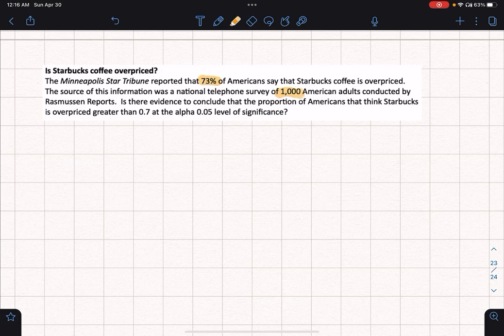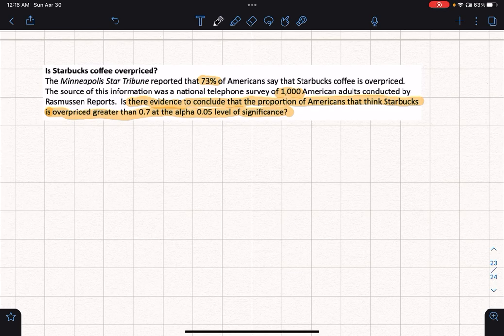It was a sample of 1,000 people. Is there evidence to conclude that the proportion of Americans that think Starbucks is overpriced is greater than 0.7 at the alpha 0.05 level of significance? I recommend pausing the video, seeing if you can work through this one by yourself, and then watch me work through it.